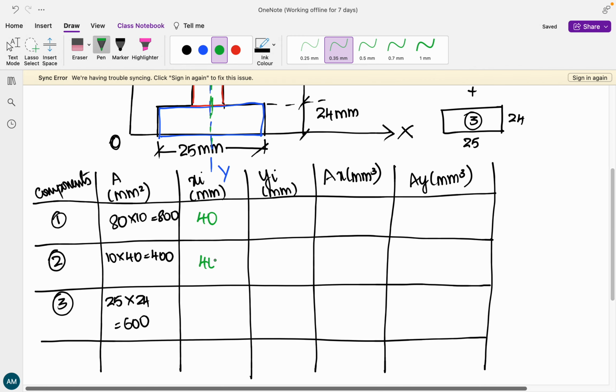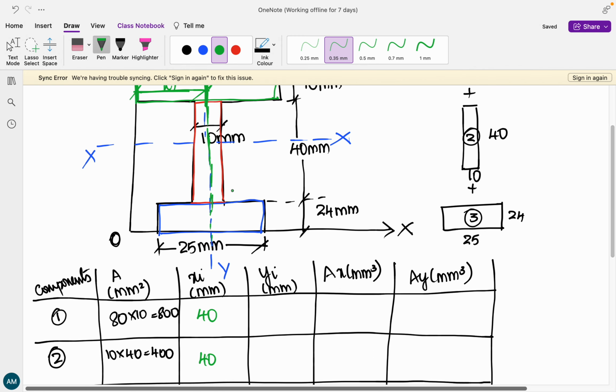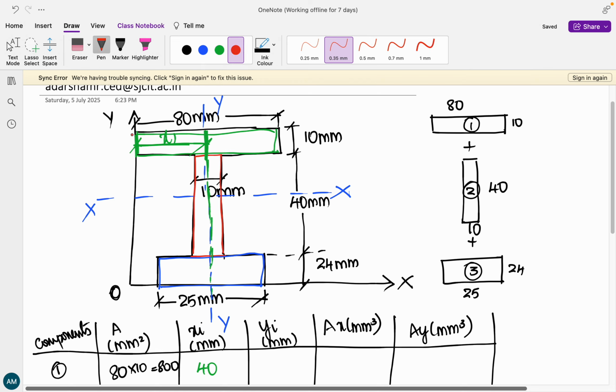So write 40 and 40 over here. Coming to yi, this is where it is going to change. For the first component, the centroid lies at a distance of d by 2, that is 10 divided by 2, which is 5. But we are calculating from the origin.